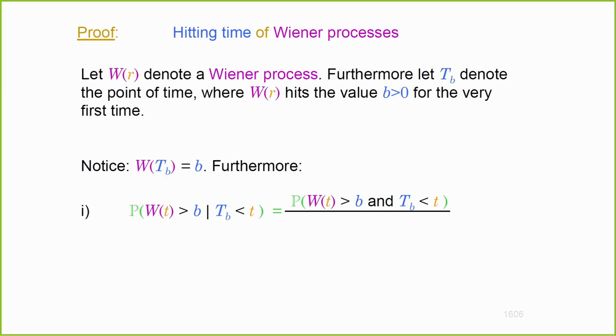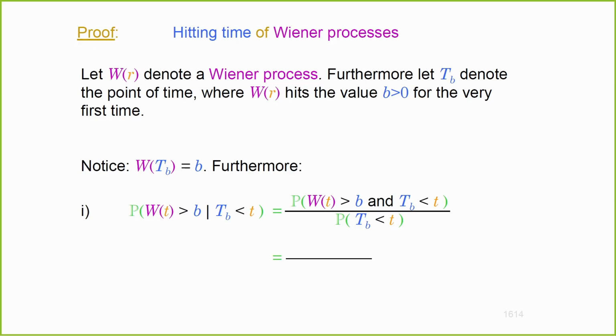I'm going to address it later on. So the conditional probability is the joint probability divided by the marginal probability of the condition, and the condition is that the hitting time was prior. If I refer to time point t as the current point of time, then the hitting time point was prior.